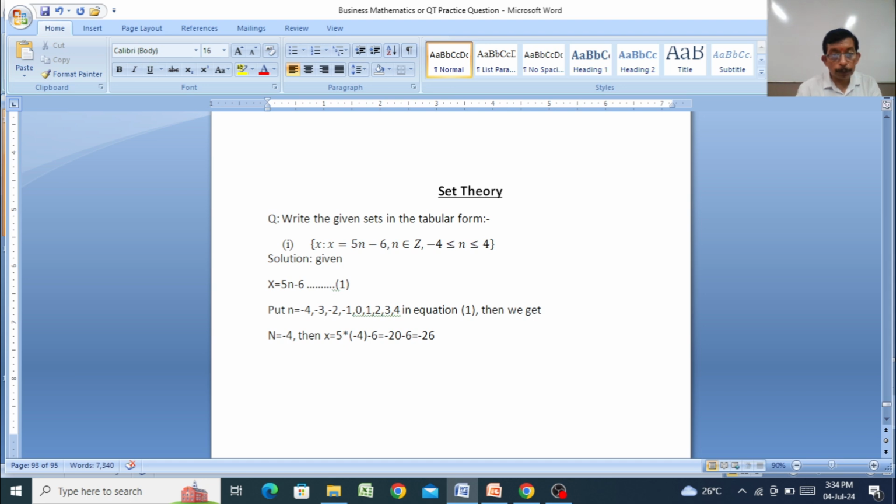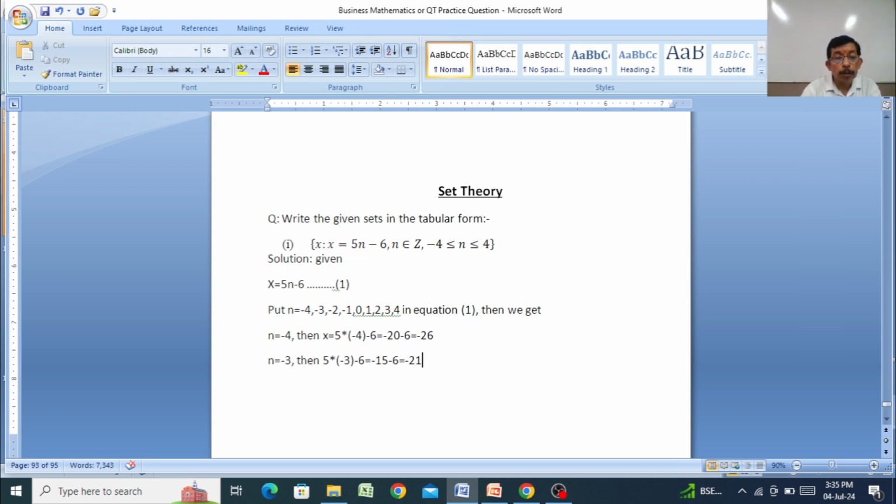Now n equal to -3. Then x equals 5 times -3 minus 6, which is -15 minus 6, equal to -21.